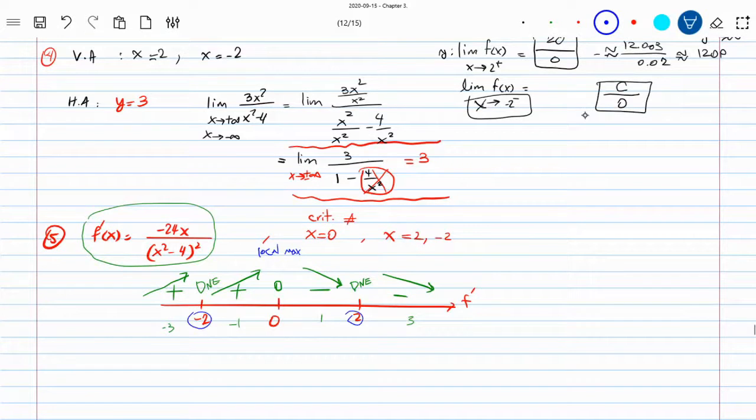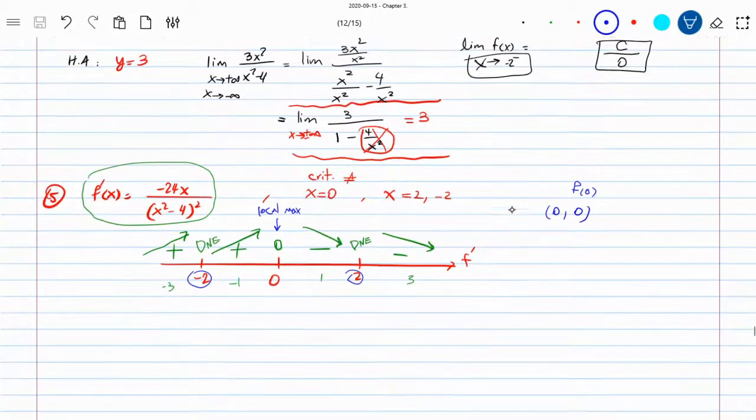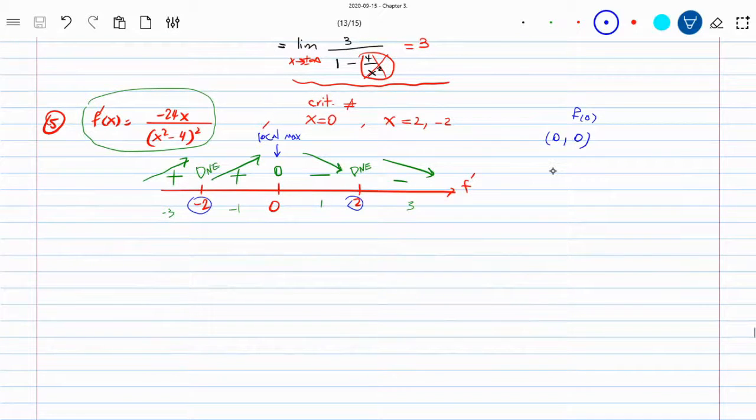I have 0 as a local maximum. If you want a y value, you replace 0 into the original function, find out what is f of 0, that gives you the y value. But we already have f of 0, which is 0. That was the origin, which was a part of the graph. It was the x-intercept. It's good to find the corresponding y value as well. So here, we found step 5.